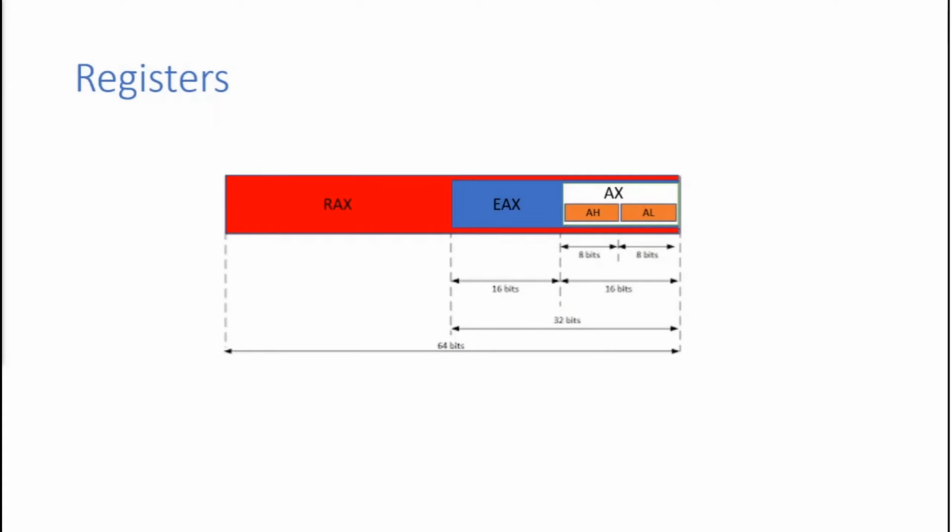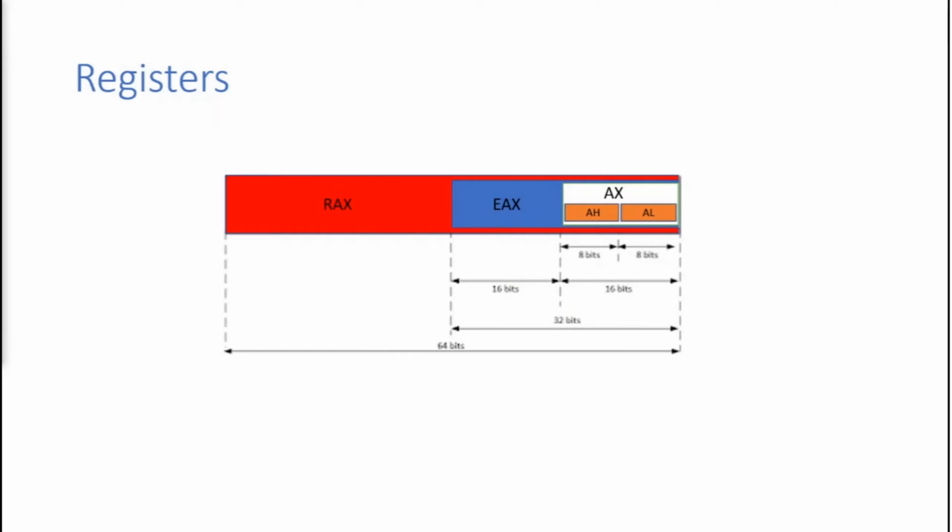It is also possible to address the registers AX, CX, DX and BX in their size of 16 bits as 2 8-bit halves. The least significant byte or low half is identified by replacing the X with L. The most significant byte or high half uses the H instead.